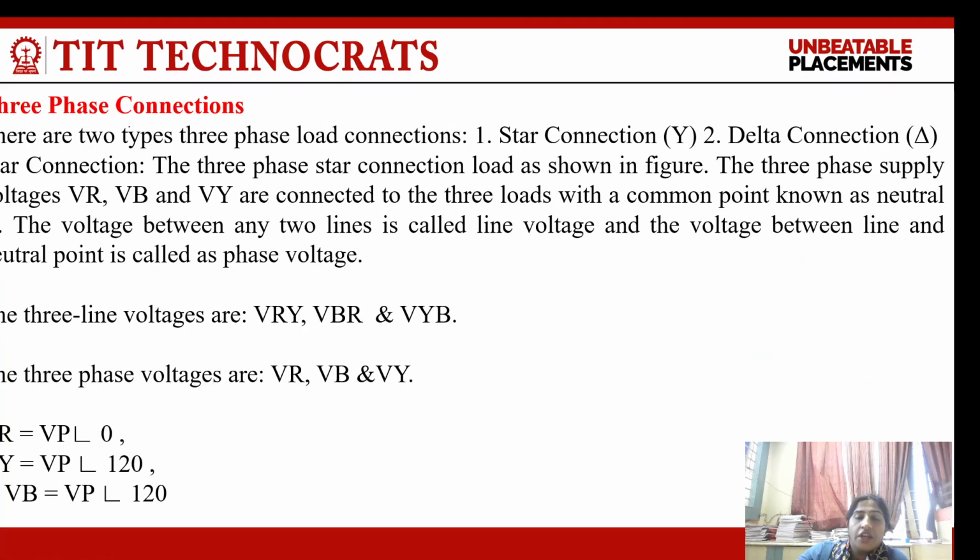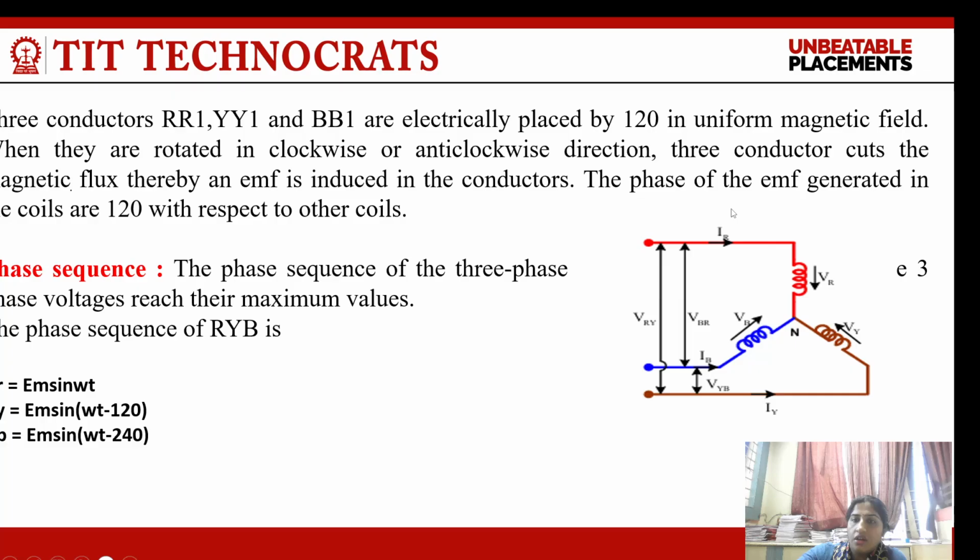So there are two types of connection, one is star and another is delta. The one which I have shown was the star connection, and we know that in a star connection the phase voltages differ by an angle of 120 degrees. Now, as I can explain, this is the phase voltage, that is, the voltage across the phase.